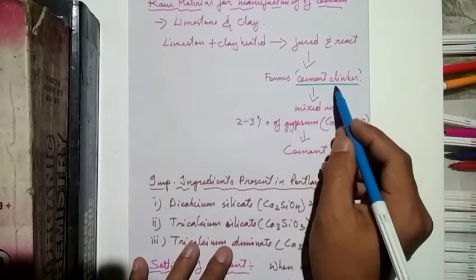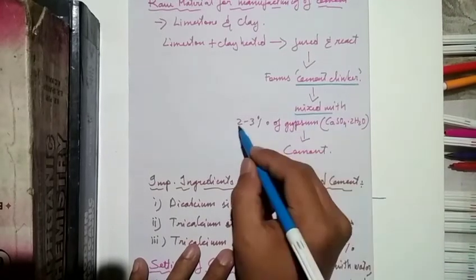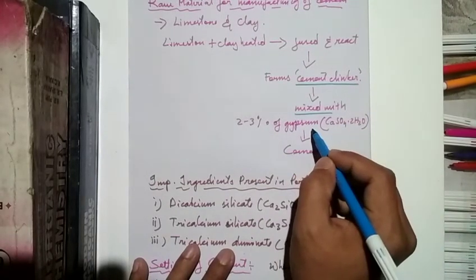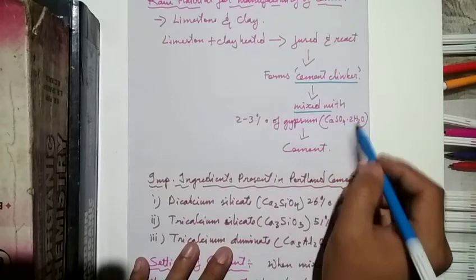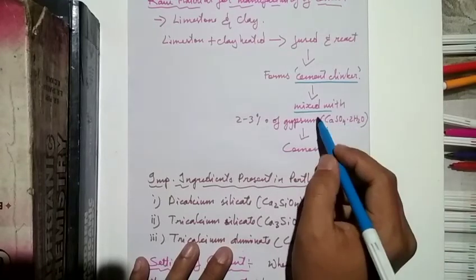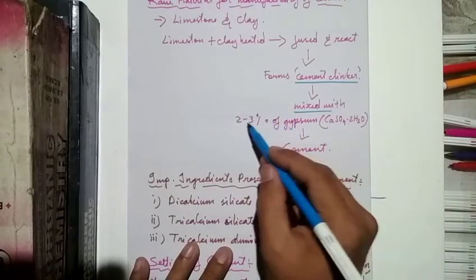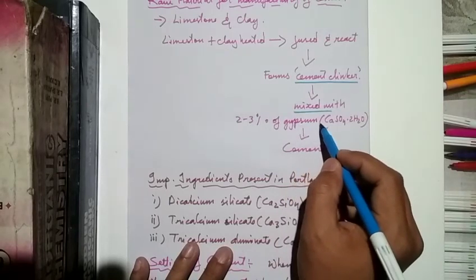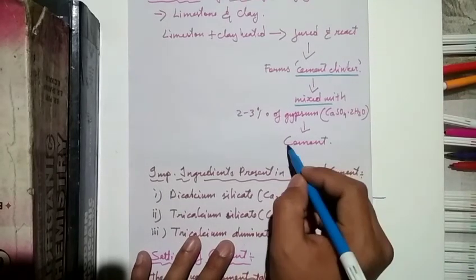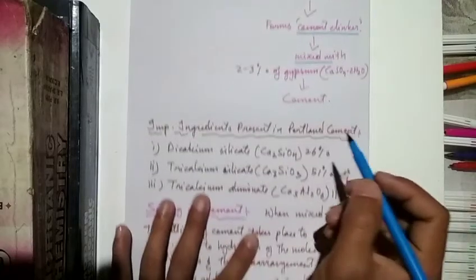This cement clinker is mixed with 2 to 3% of gypsum, and cement is formed.